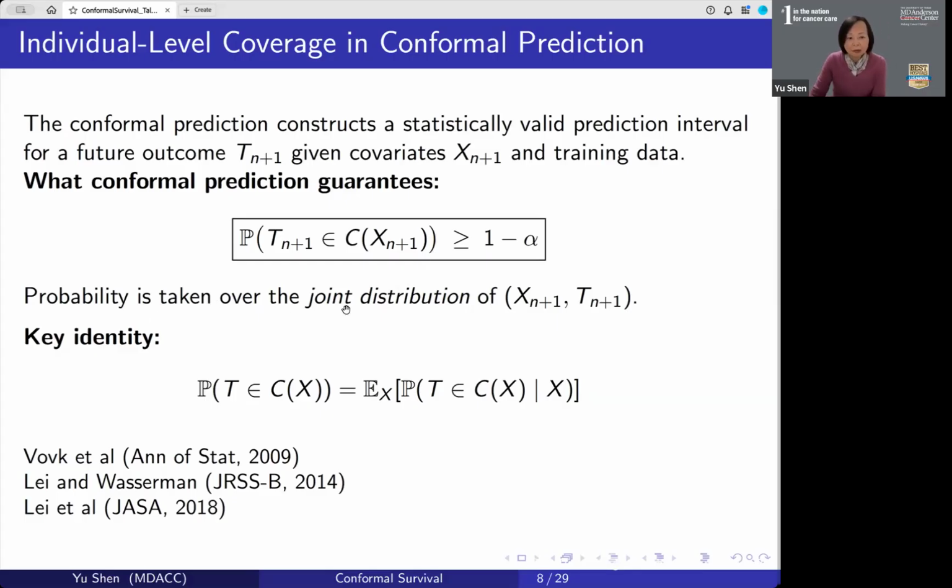The probability is taken over the joint distribution of X and T. In conventional confidence interval or association analysis, we typically condition on X. We don't really model the variability of X. The key idea is really that we take another layer of expectation to integrate out the distribution of X so that we ensure the marginal coverage probability of this predictive interval.